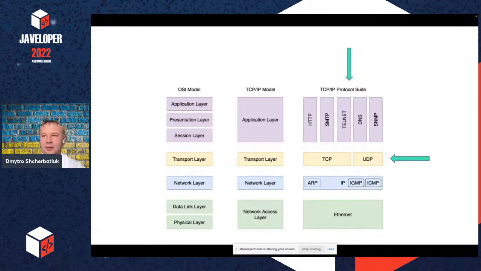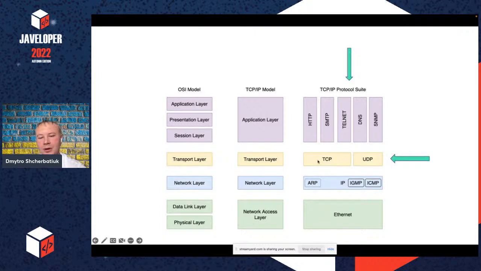It depends on context. If we go to the fourth layer, we can have here TCP and UDP protocols. TCP and UDP protocols also contain headers, metadata, and payload.